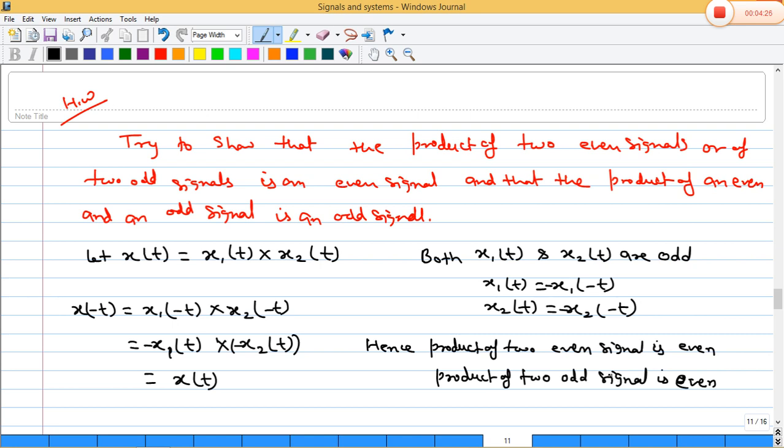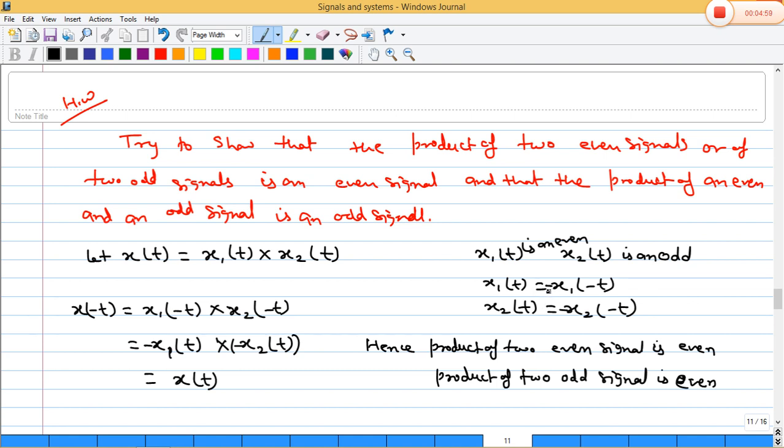Okay. Now just change this pattern. Take one signal as an even signal and the other as an odd signal. So not both, just one signal. x1(t) is even, and this one is an odd function.